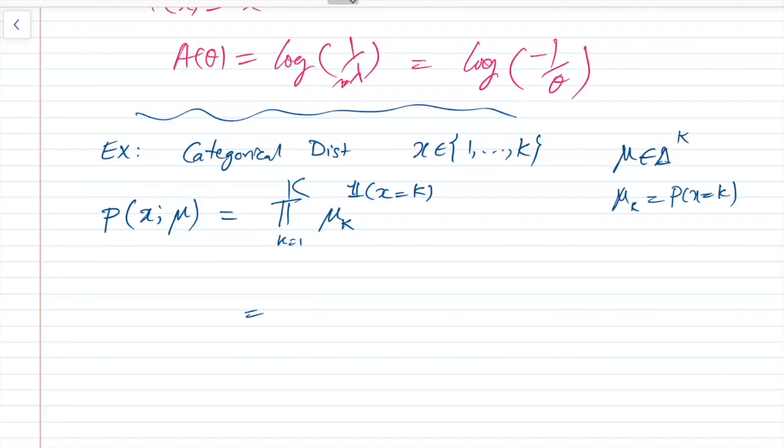So let's write it as the exponent of the log of this multiplied by the indicator that x equals k. And then I can bring that inside.